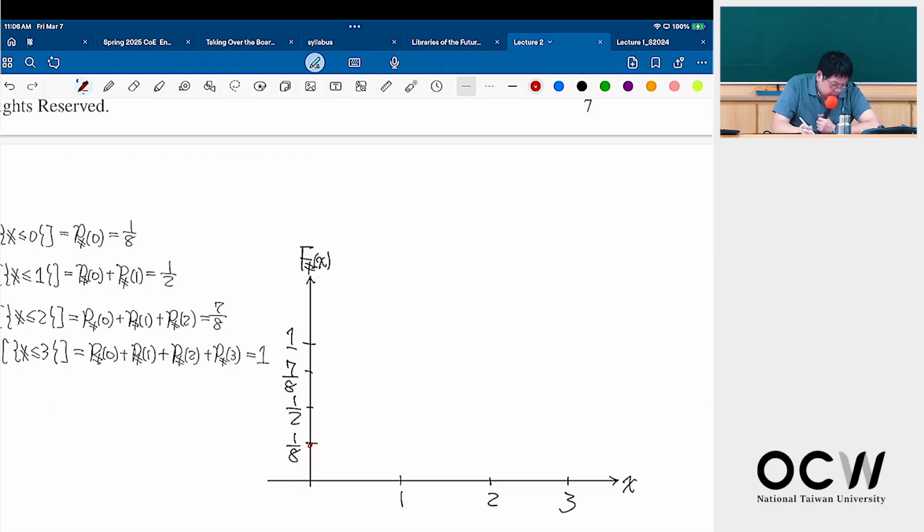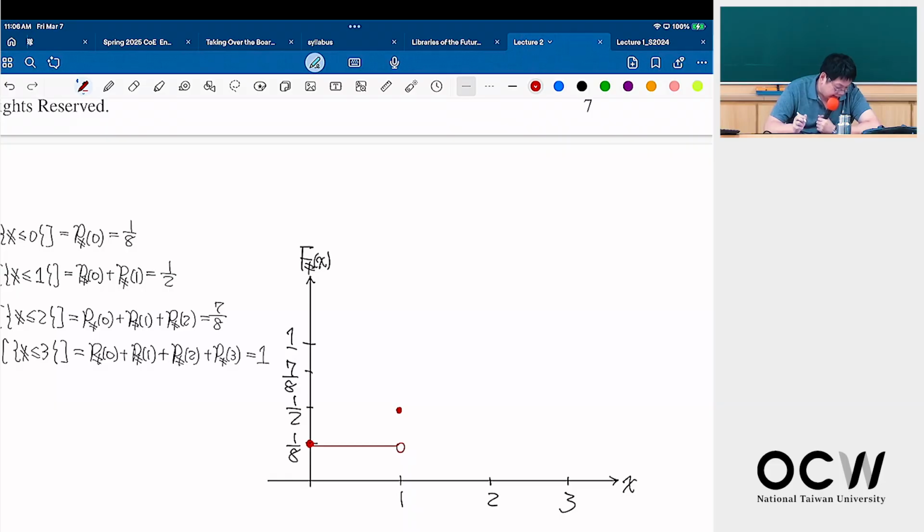So here I have 0. When x is 0, the CDF is 1/8. When x is 1, it jumps to 1/2. Between those, I don't have any value, so it's still 1/8.